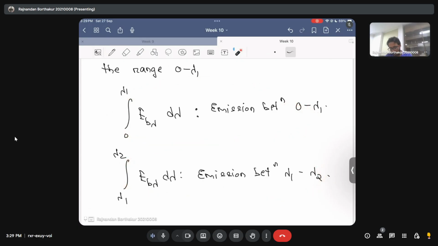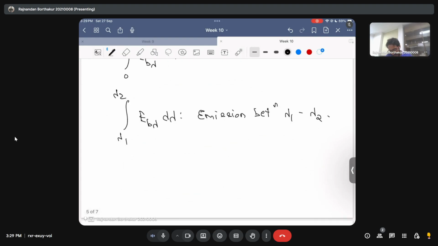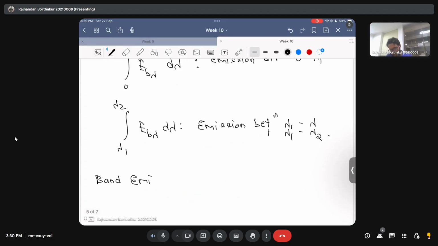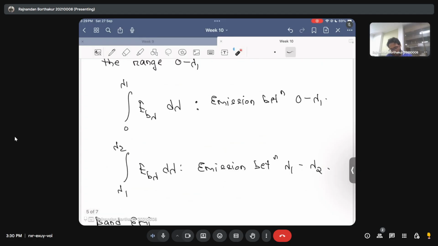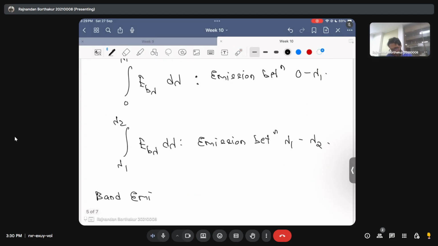In that context, there is something known as a band emission function. By the way, these intervals from 0 to lambda 1 or lambda 1 to lambda 2 are known as bands of wavelength, and that's the reason the name band emission function comes. The band emission function is defined as follows.